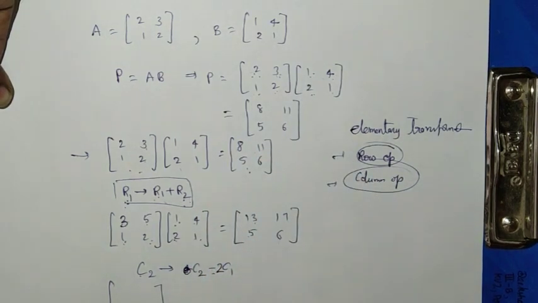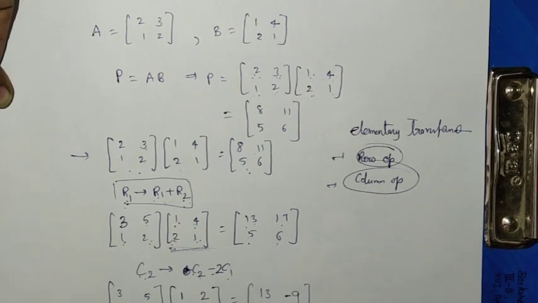The first one has no change. Now the second one, C2, I am changing; the first column is not changing. 4 minus 2 is 2. 1 minus 4 is minus 3. Here also C2 will change as C2 minus 2C1: 17 minus 26 is minus 9, 6 minus 10 is minus 4.